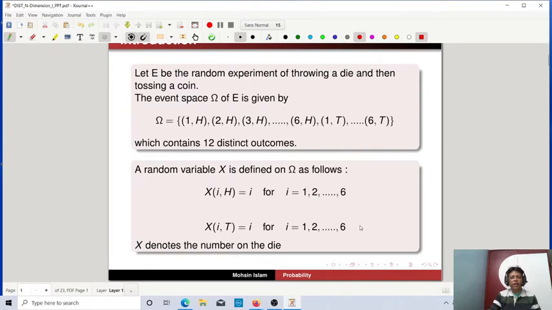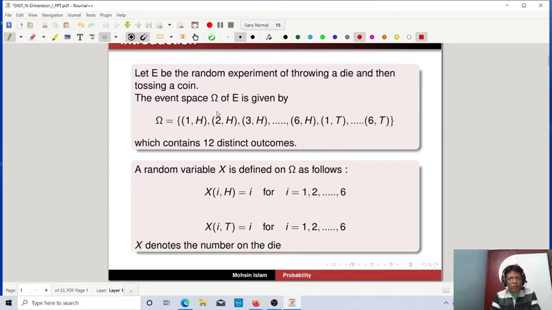Let E be the random experiment of throwing a die and then tossing a coin. So you are doing two experiments simultaneously. So E consists of the joint experiment of throwing a die, where the possibilities are 1, 2, 3, 4, 5, 6, and then tossing a coin, where the possibilities are head and tail.